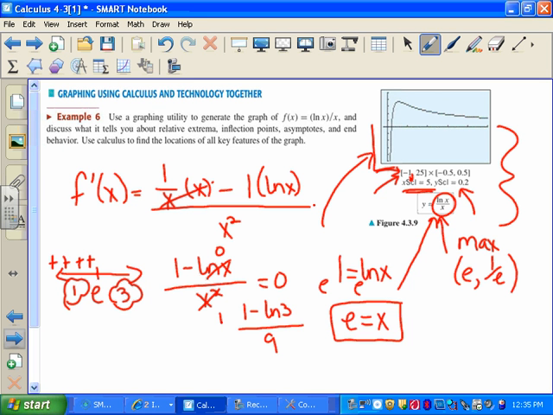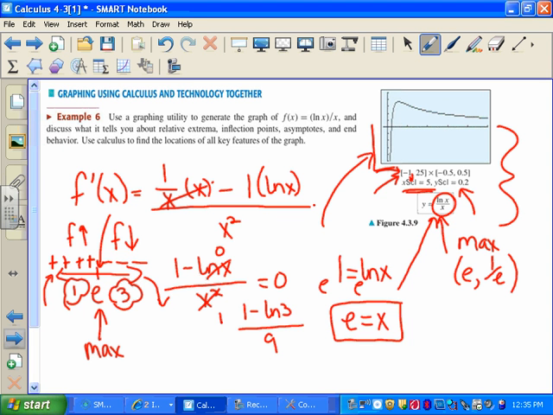I'm sure Mr. Clinton does. Human calculator. It's actually just above 1. So I'm going to get that. And so what this says is since f is increasing and here f is decreasing, this point right here has to be a max because I was going up and now I'm going down. Okay, so e is the max.